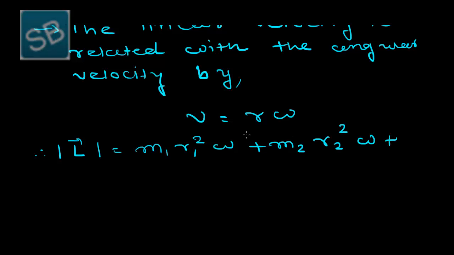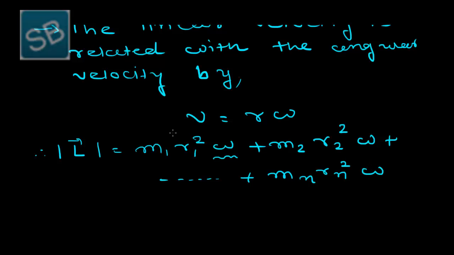Plus M2 R2 square omega. See, I have not used the subscript in the case of omega because the angular velocity remains constant for all the particles, and I am extending this to the nth particle, so Mn Rn square omega.